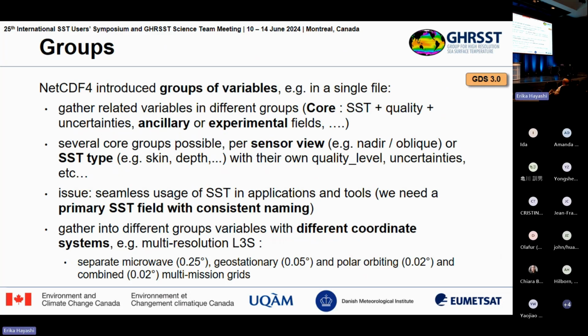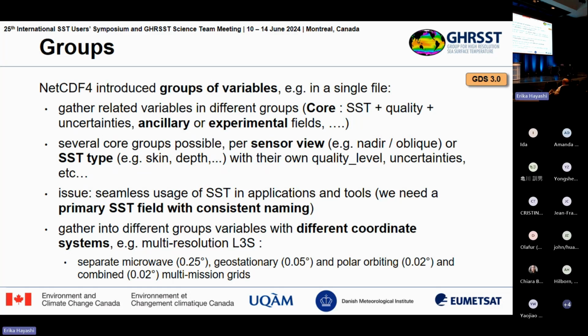Groups is something that was introduced in netCDF4. It was already in HDF5, and this is something that we have not used so far. What groups allow is to put together variables that have a common meaning or that are in the same coordinate system.